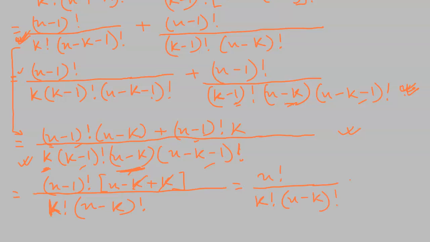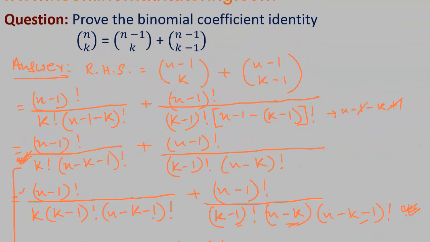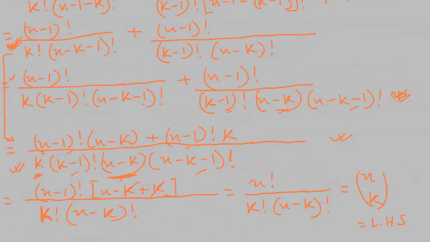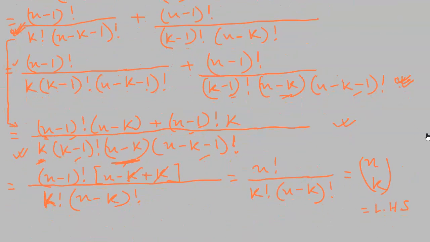And what is this equal to? This is nothing but nCk, which is equal to the left hand side. See, the left hand side is nCk. Okay? So we have come to the left hand side. This has been proved. Okay?